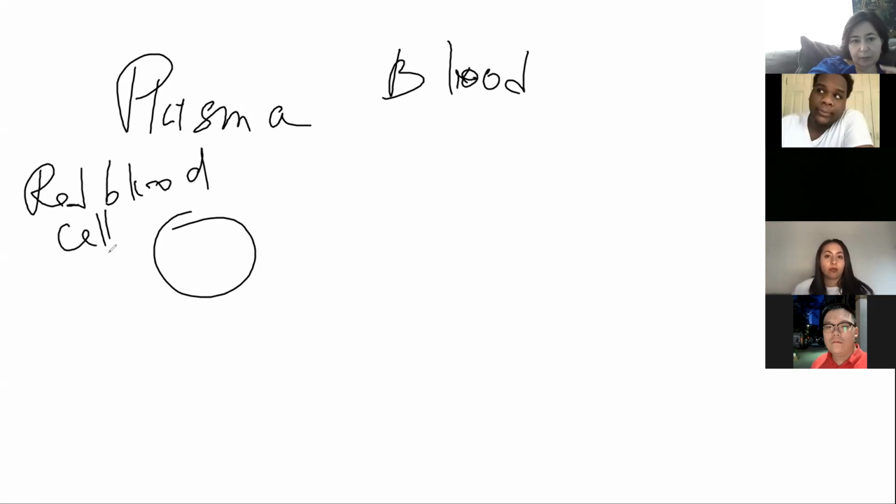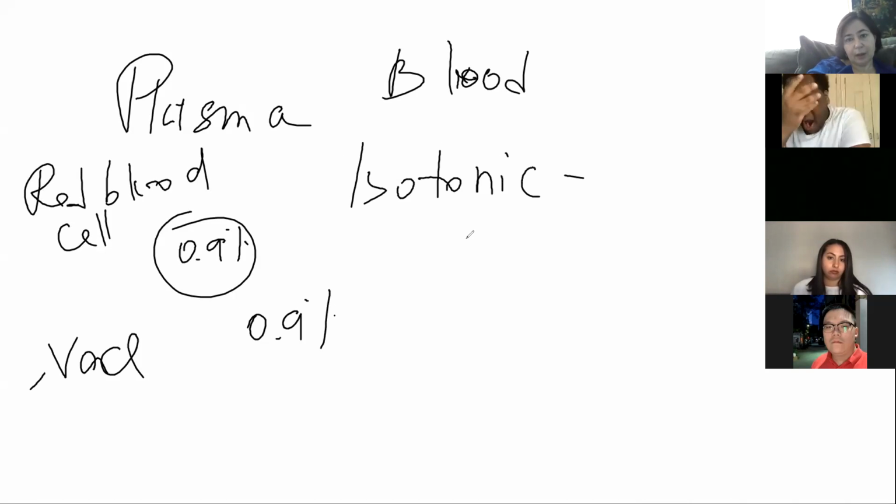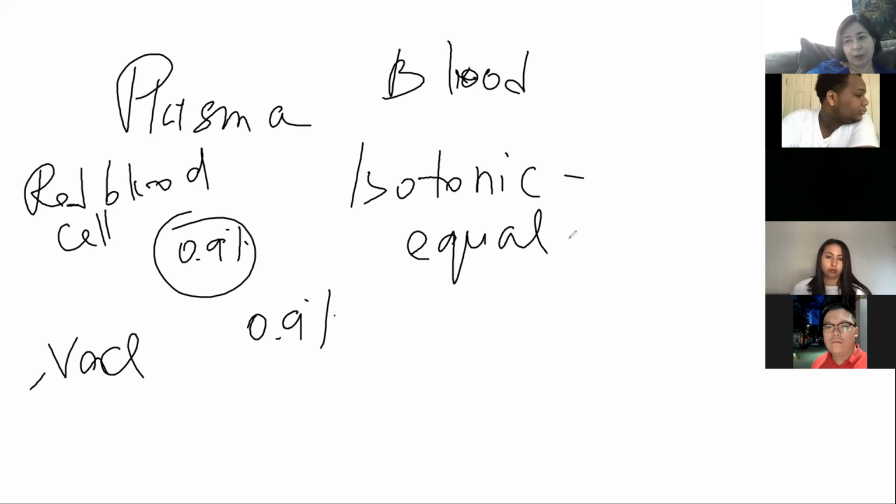Now, in plasma, the concentration of salt, I'm talking about sodium chloride, is 0.9%. That's how much salt you have in your plasma. And this is how much salt you have inside the red blood cell. This is called isotonic. The concentration of salt inside the cell and outside the cell is equal.